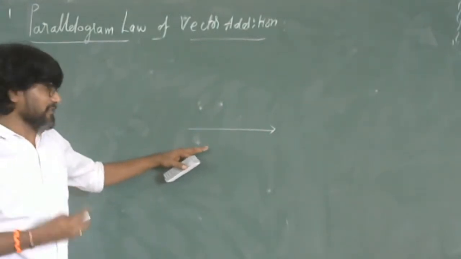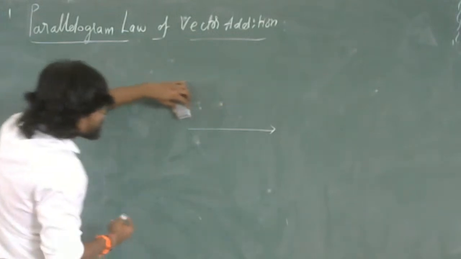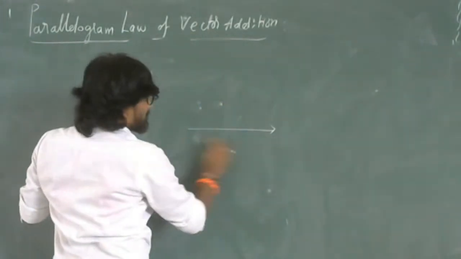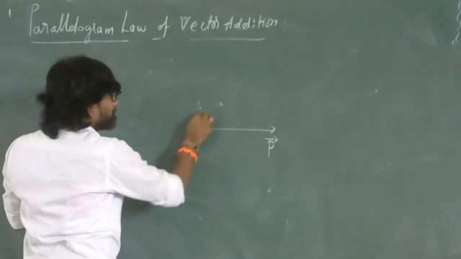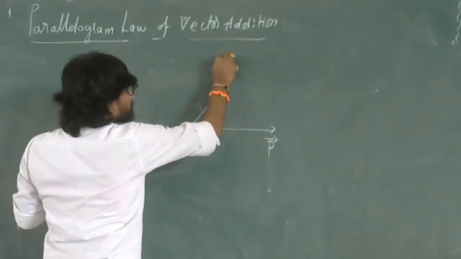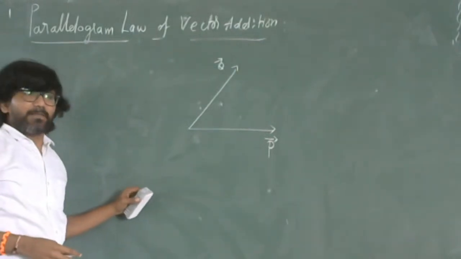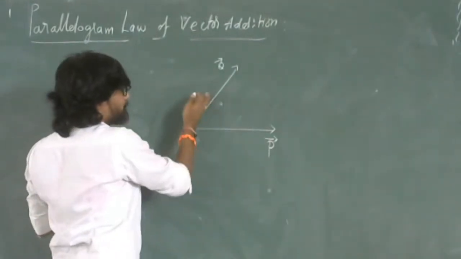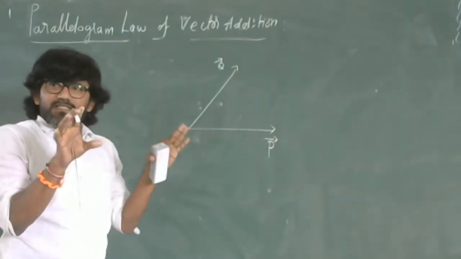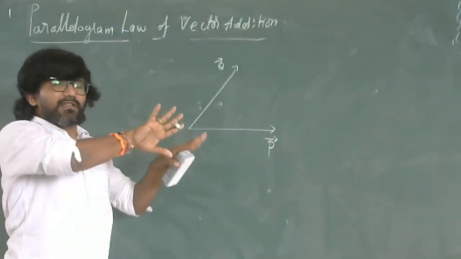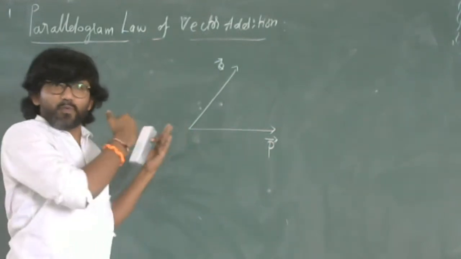Co-initial vectors are concurrent vectors. So if two concurrent vectors, let us say this is vector P and there is another vector Q, you can understand the statement in one way or the other.